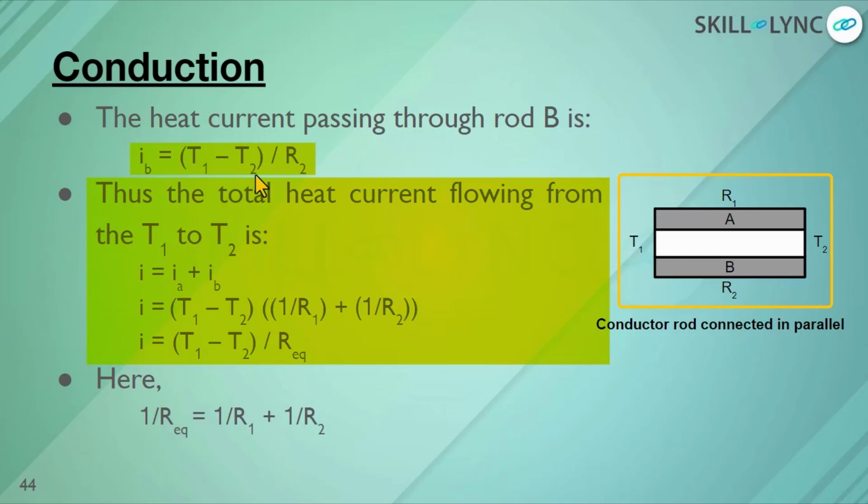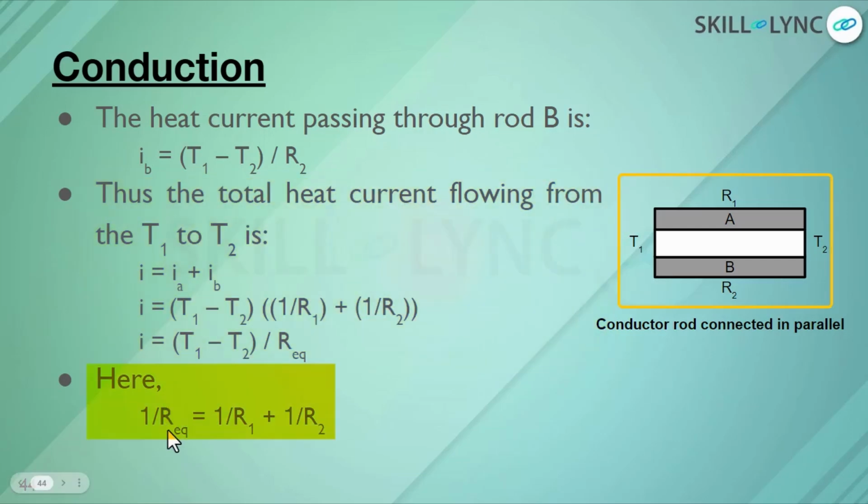Further, as we see, the T1 minus T2 component is common in both the equations, so we would take (T1 minus T2) common and sum up 1 upon R1 plus 1 upon R2, which can be written as 1 upon R equivalent. Therefore, I is equal to (T1 minus T2) divided by R equivalent. Here, 1 upon R equivalent is equal to 1 upon R1 plus 1 upon R2, as I have mentioned here.